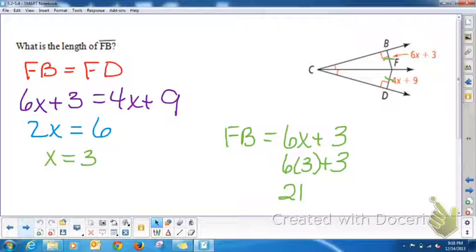Using the division property of equality, you would solve for the value of x is 3. And once you find the value of x is 3, you would substitute it in to the expression that represented segment FB. FB was equal to 6x plus 3, so 6 times 3 is 18, plus 3 is 21. To double check and make sure you're correct, 4 times 3 is 12, plus 9 would be 21. So the length of FB is 21 units.